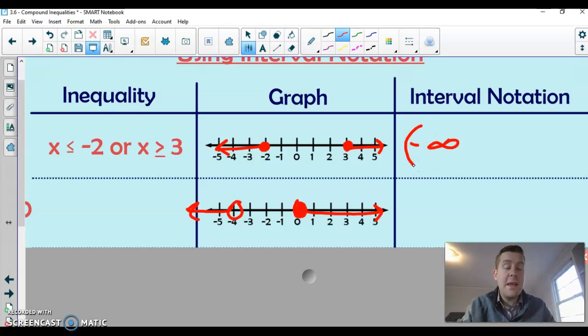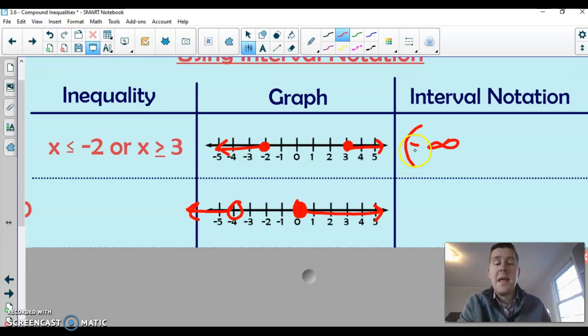The reason being is that we use a parenthesis in the same way we use an open circle, and that represents that that number is not actually a solution. We don't actually equal that number in our solutions. Infinity and negative infinity is not a number we can count to. We can never actually equal positive or negative infinity, so we always use a parenthesis around positive or negative infinity.